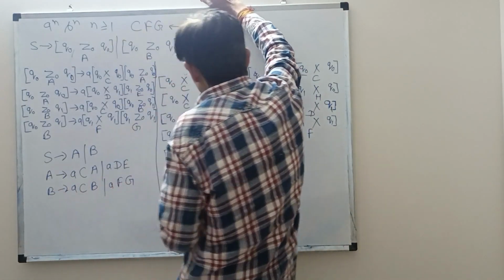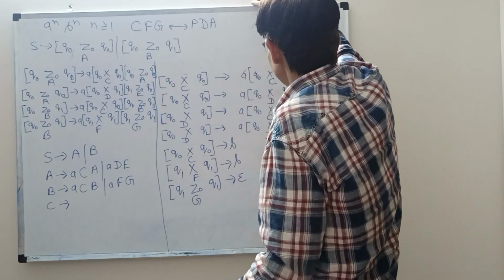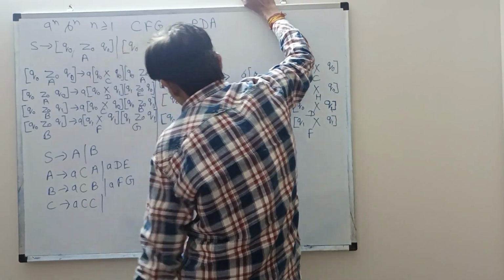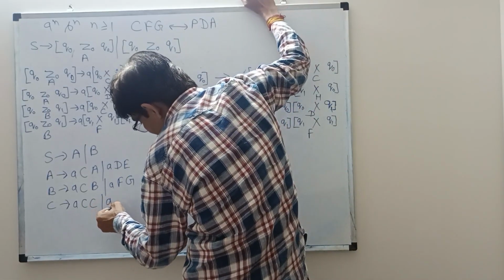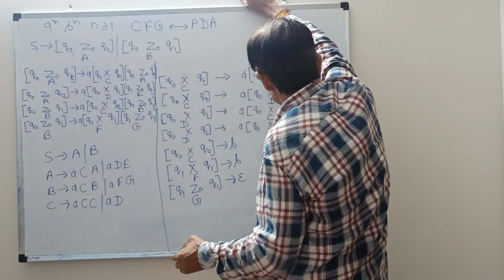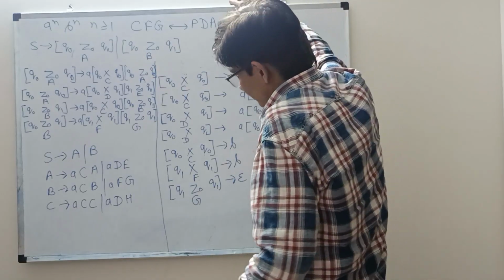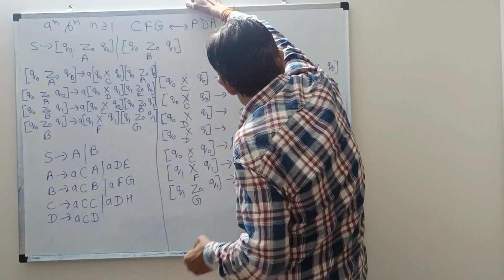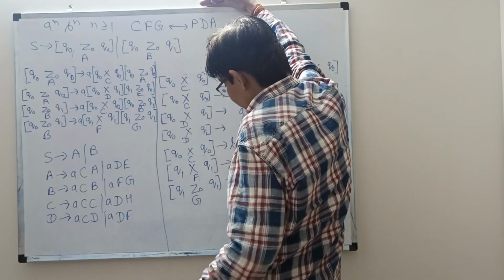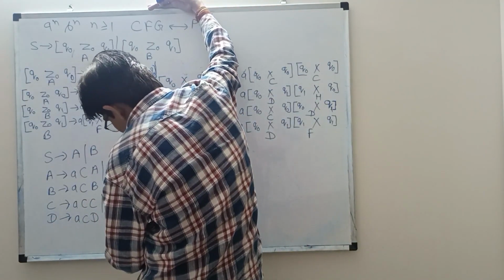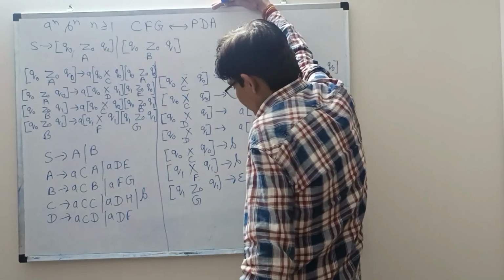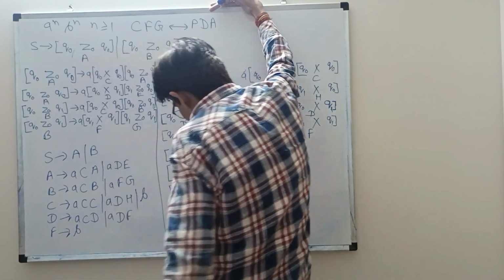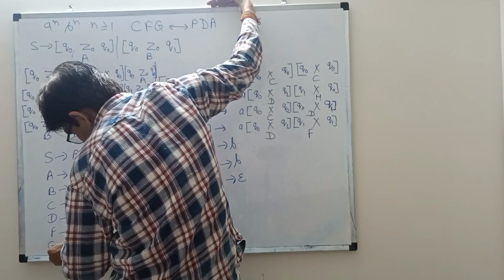Now, the next production of C: C gives small a, C, C. Then one more production of C: C gives small a, small d, capital H. Then we have production of D. D gives small a C D and small a D F. Then one more production of F: F gives B. And the production of G: we have epsilon.